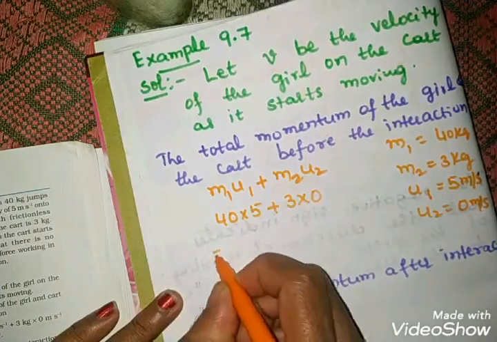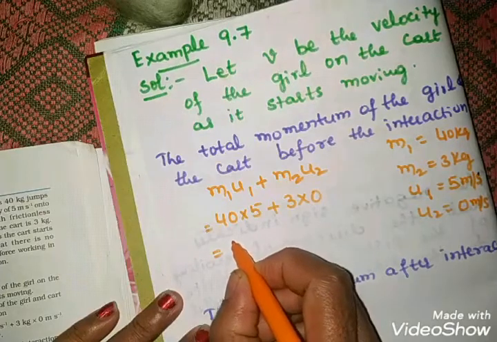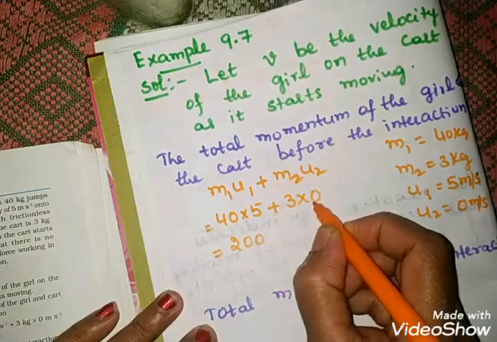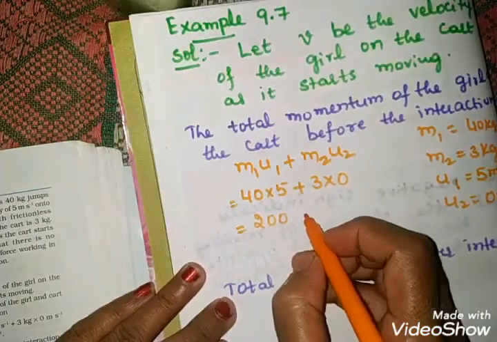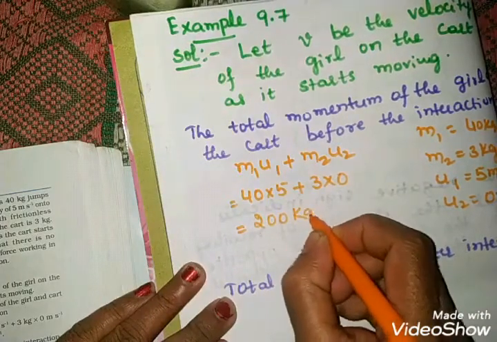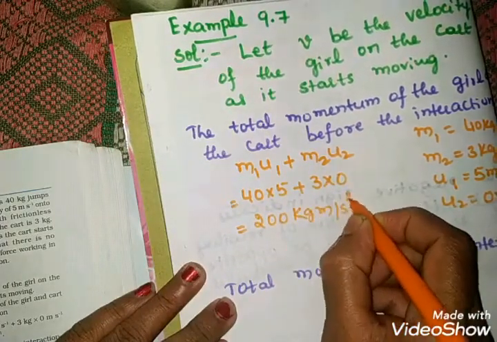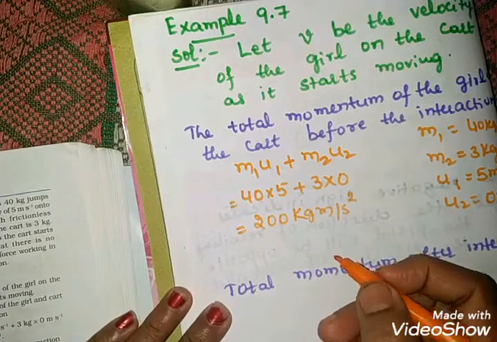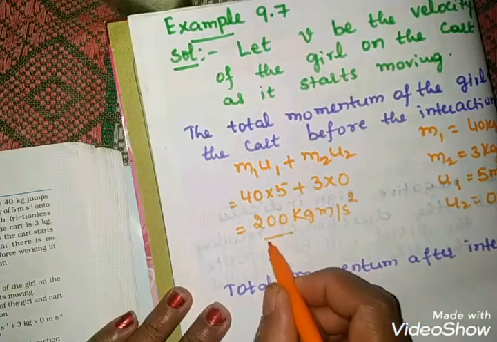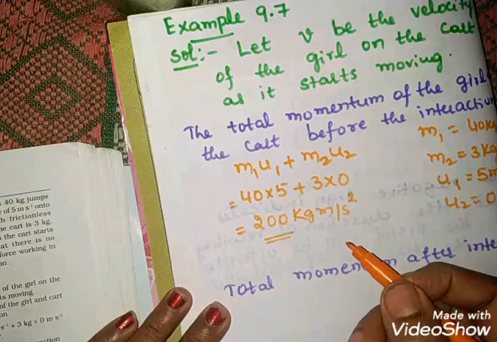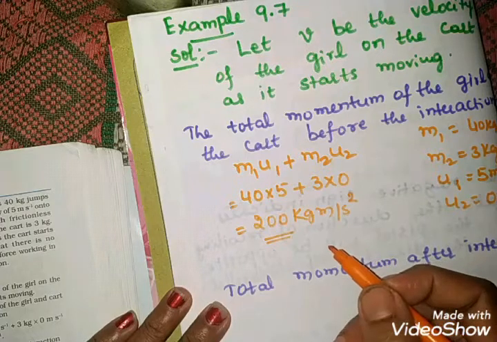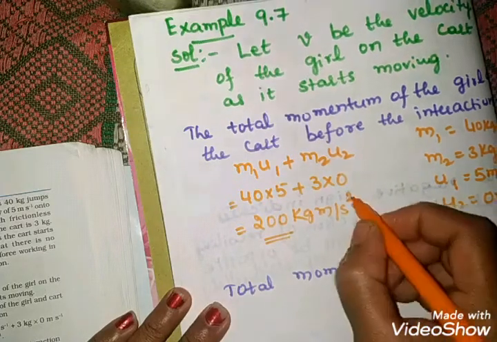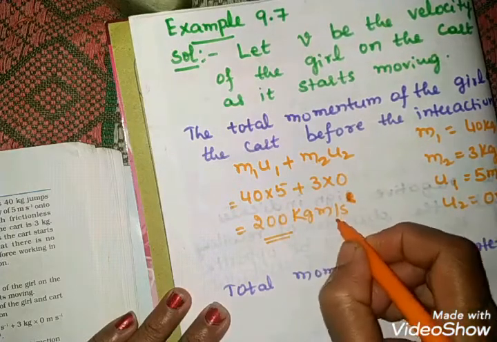So 40 fives are 200. Here it is 0. 3 zeros are 0. So it is 200 kg meter per second. This is the unit for momentum. Kg meter per second.